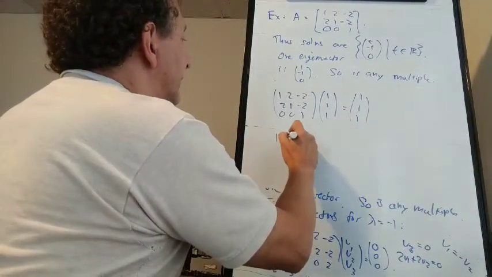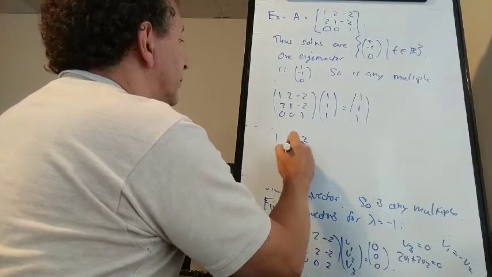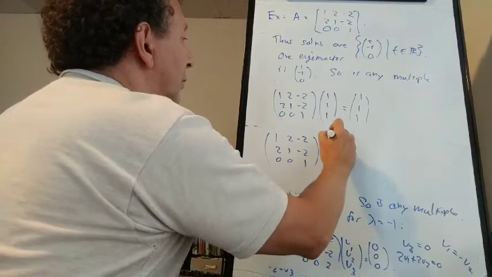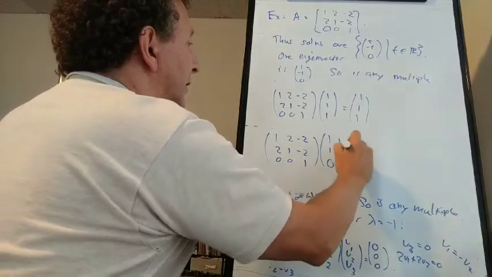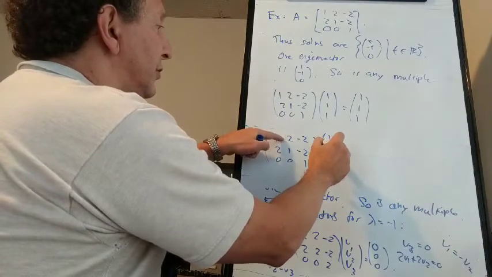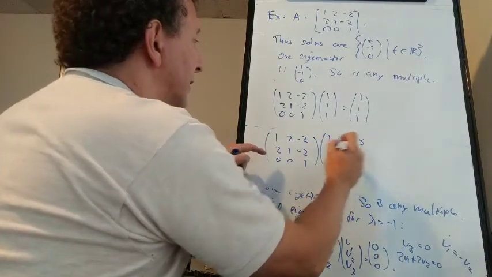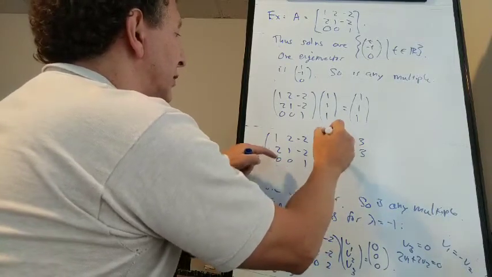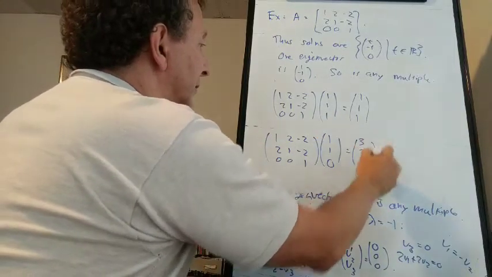And then we got 1, 1, 0 for the eigenvalue 3. 1 plus 2 plus 0 is 3. 2 plus 1 plus 0 is 3. 0 plus 0 plus 0 is 0.